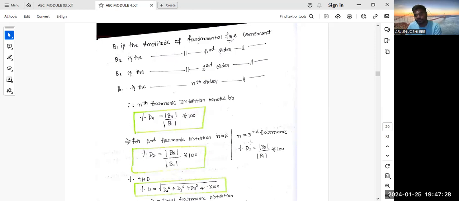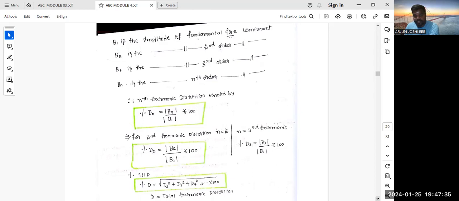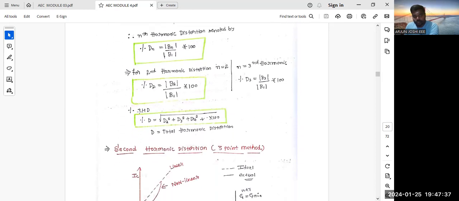Likewise, you need to substitute n equal to 3 for the third harmonic. D3 is equal to B3 divided by B1 into 100. Total harmonic distortion is equal to the square root of D2 squared plus D3 squared plus D4 squared. You can take D4, the fourth harmonic distortion, or you can stop at D3, the third order distortion.